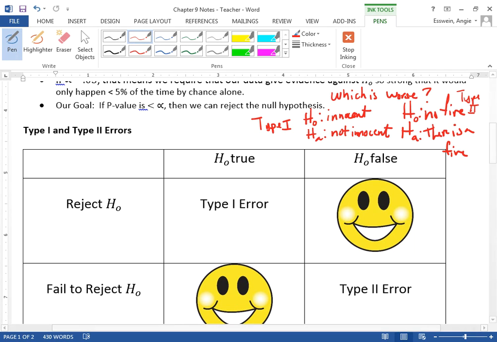So let's try this one together. We are at In-N-Out Burger, and we want to reduce the proportion of drive-thru customers who have to wait more than 2 minutes to receive their food. Based on store records, the proportion of customers who had to wait at least 2 minutes was P equals 0.63. To reduce this proportion, the manager assigns an additional employee to assist with drive-through orders, which you've probably seen.